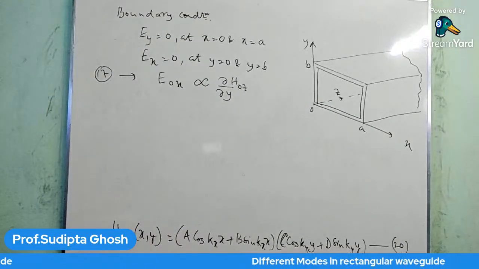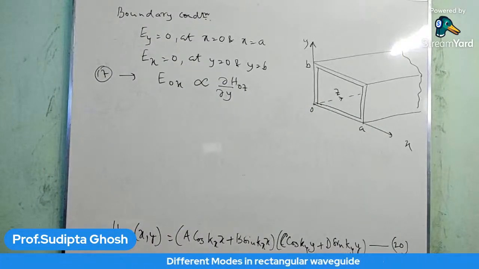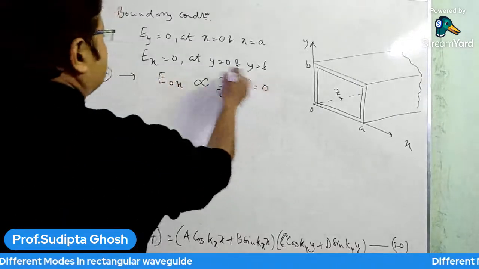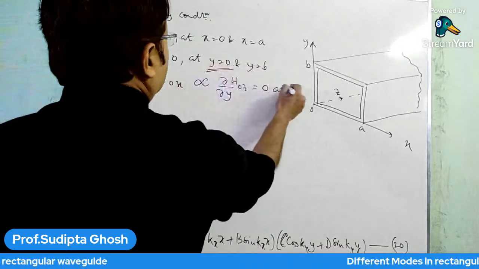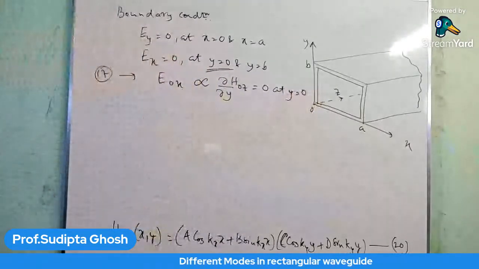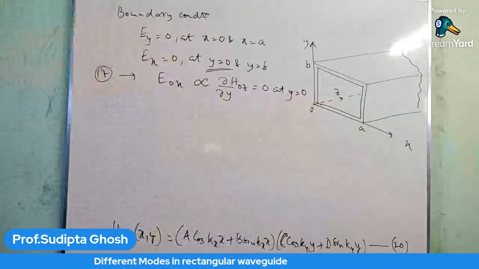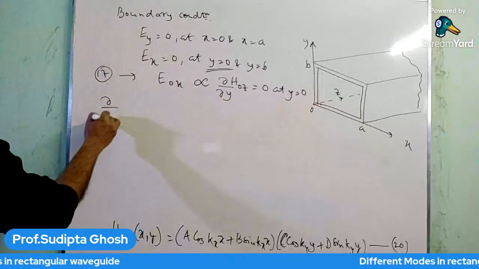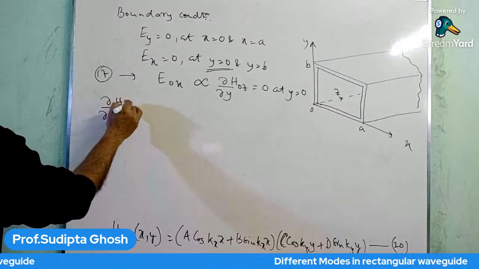Now as the x component vanishes at y equals 0, the component del del y of HOZ will be 0 at y equals 0. So let's find out the value of del del y of HOZ.